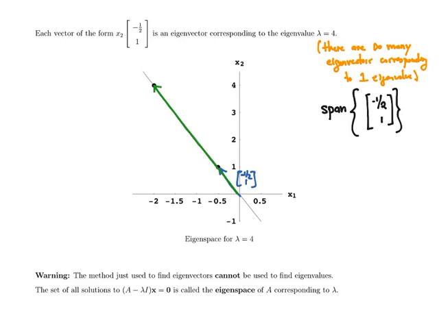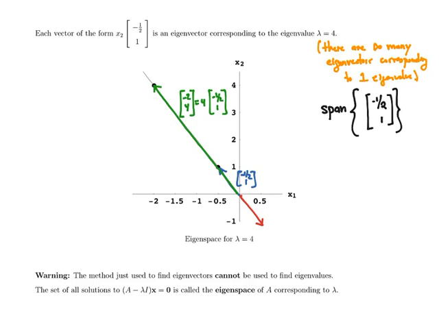And if I take anything times that vector, so here is this vector right here. This is (negative 2, 4), which is going to be 4 times that vector. And we could do any other kind of thing here. Here we have negative 1 times that vector, and we could do any multiple times that vector, and that gives us the span of that vector, which is going to be all the solutions, or all the eigenvectors corresponding to that eigenvalue.